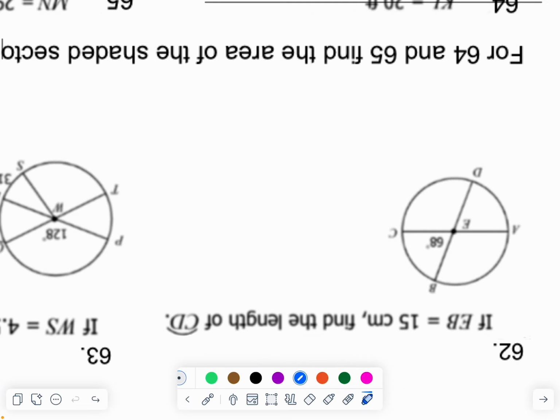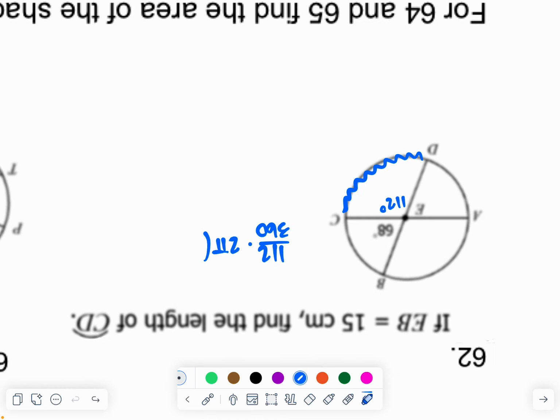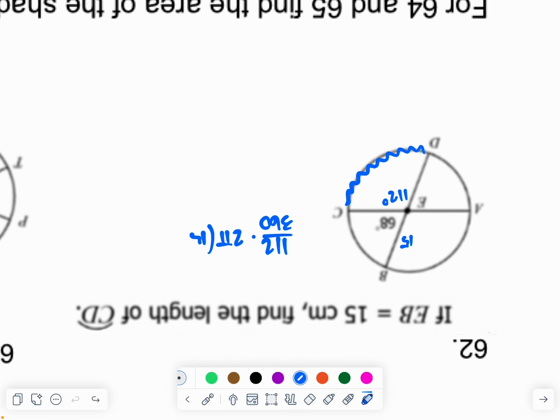So number 62, these last few questions. Find the length of CD. It wants the length. Clearly this is a 112-degree angle right here, and that's the central angle. So that means this arc is taking up 112/360ths of the circumference of this circle. They did tell me that EB, which is the radius, is 15, which I totally need.